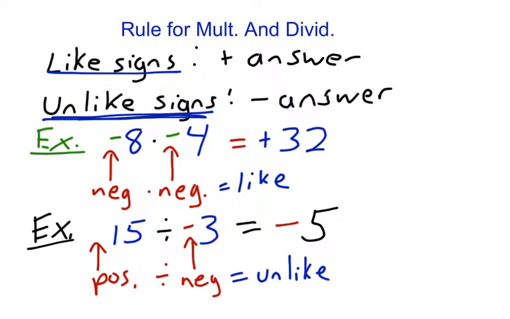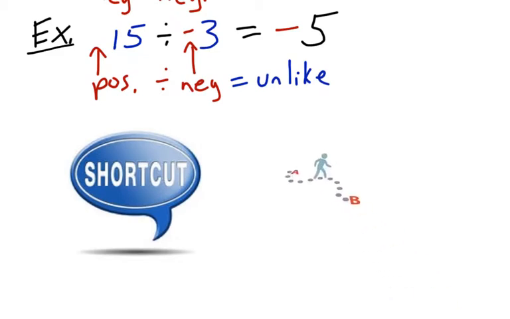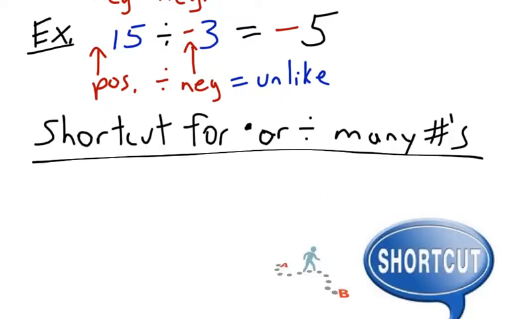Let's get to that. So our shortcut, why walk all the way around here if we could just go straight to point A to point B, right? So if you're thinking that, let's go ahead and learn this shortcut. So our shortcut is for multiplying or dividing many numbers or many integers.